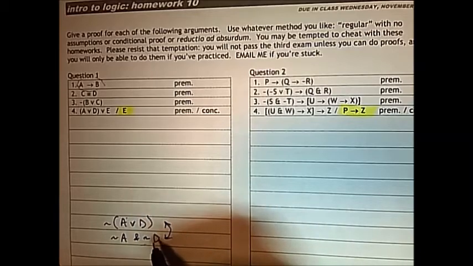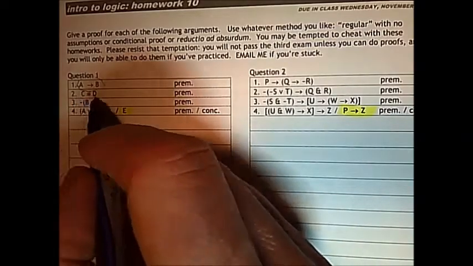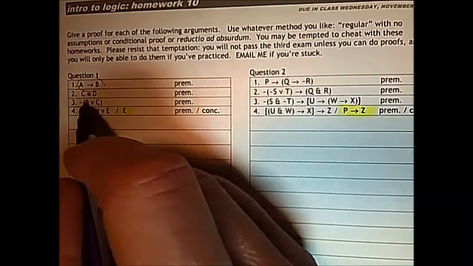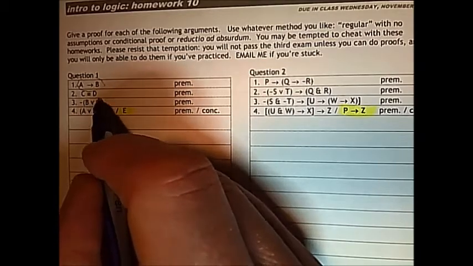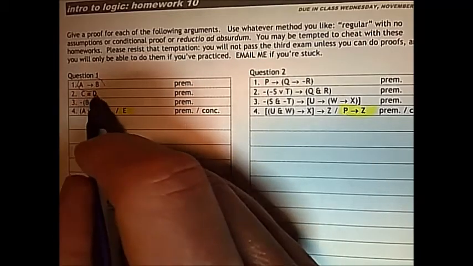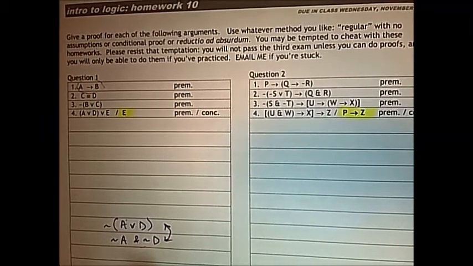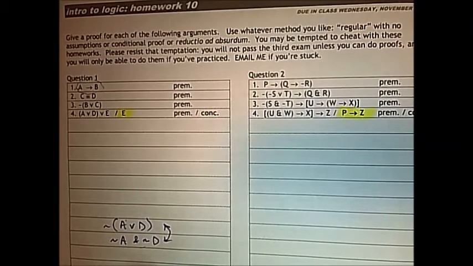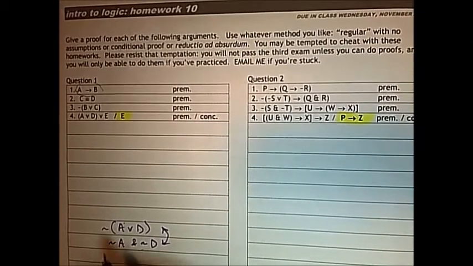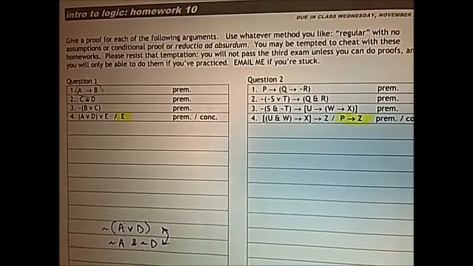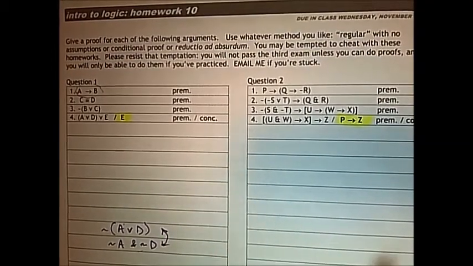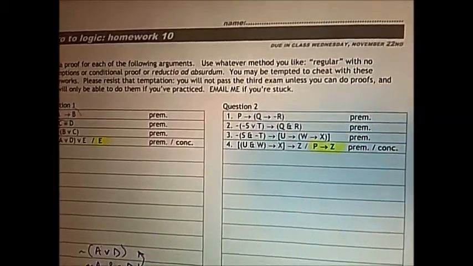Now you also need to get not D. Well, you're going to be able to do that using the other side of this when you've done De Morgan's law to it, and you have to do bicon to that one. Somebody in class did it and said it took about till line 14. That sounds about right. Okay, so that's the first proof. No assumptions necessary.